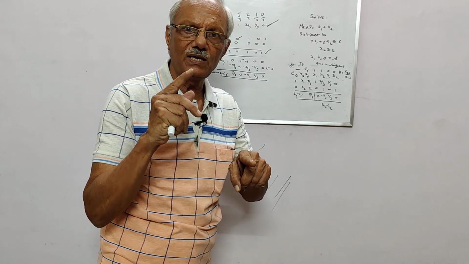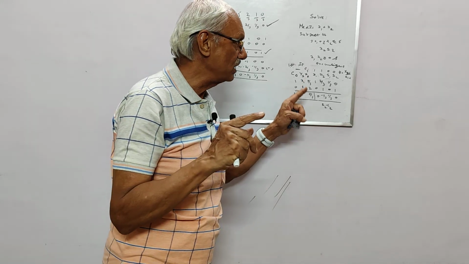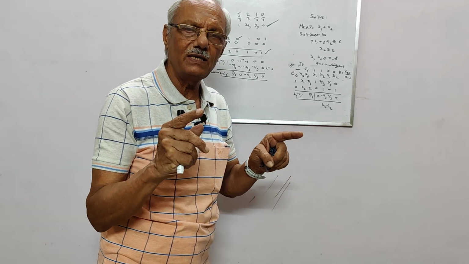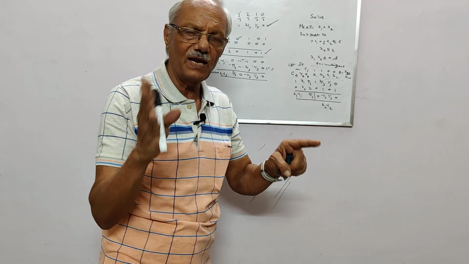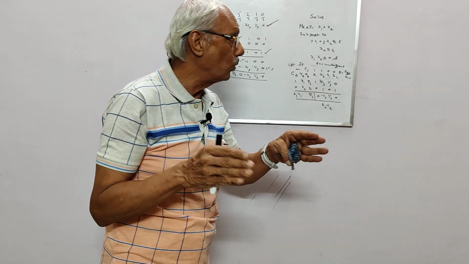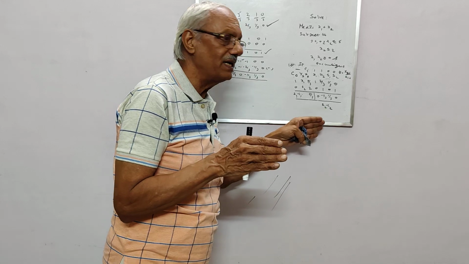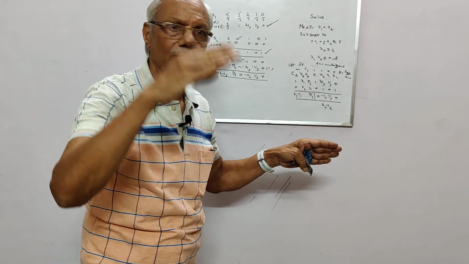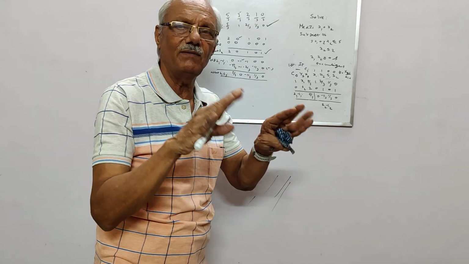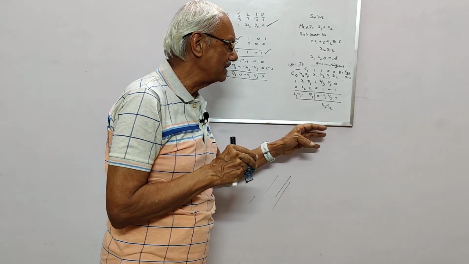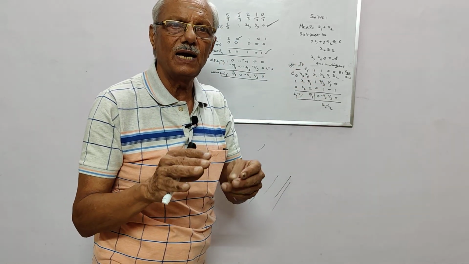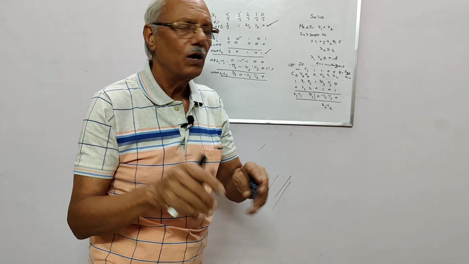I will teach you the graphical method if required, compare it with the simplex method, and tell you how this optimality condition works in the graphical method. For the time being, understand that Z2 minus C2 is a negative quantity. It means that the optimal solution has not been obtained.